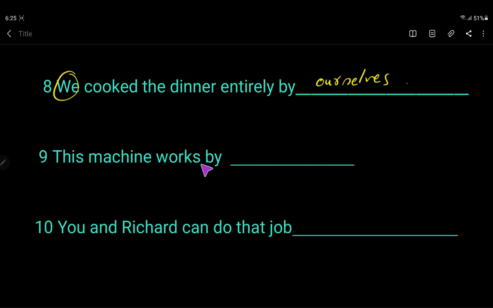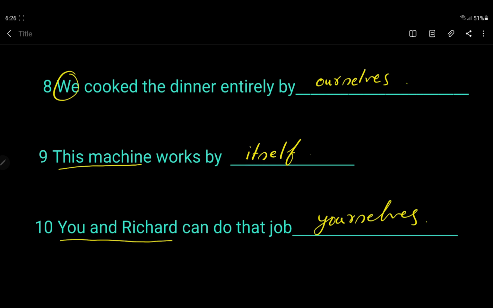This machine works by, this is neutral, so it will be itself. You and Richard can do that job. Here Richard and you, by these two it has become plural, so here we will use yourselves. So we have done these exercises, A and B number exercises.